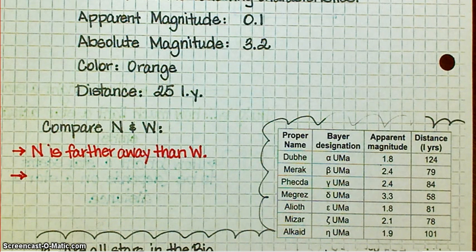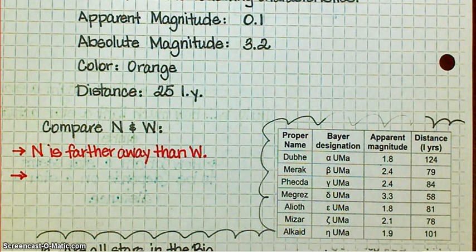All right, let's make a statement about the color and or temperature. Anybody got a guess? Star N has a greater temperature. And how do you know? That is correct. Star N is hotter. How do you know? Because its spectral class is A, and its temperature is higher.